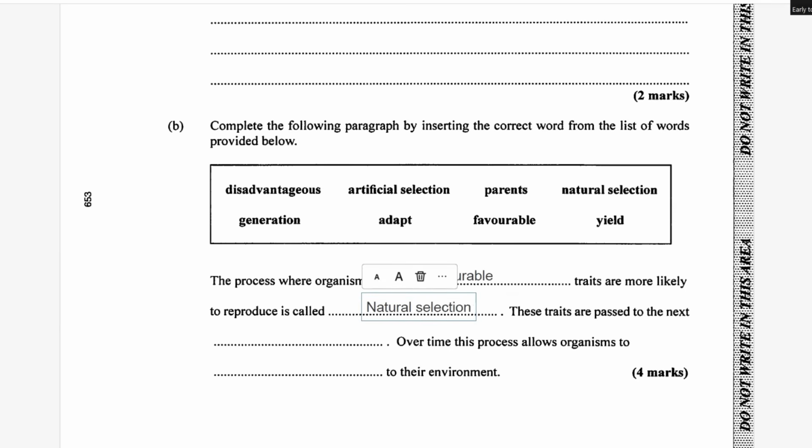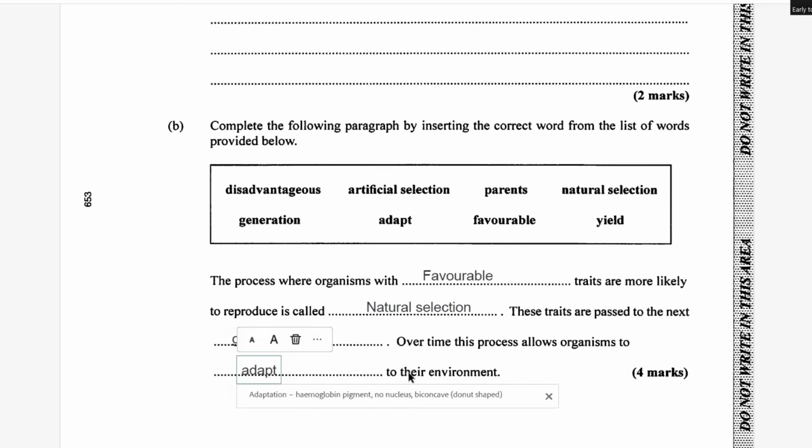These traits are passed to the next what? To the next generation. So we will insert the word generation there. Over time, this process allows organisms to something to their environment. The word that we are going with is adapt to their environment. 4 marks, 4 words, 4 marks.